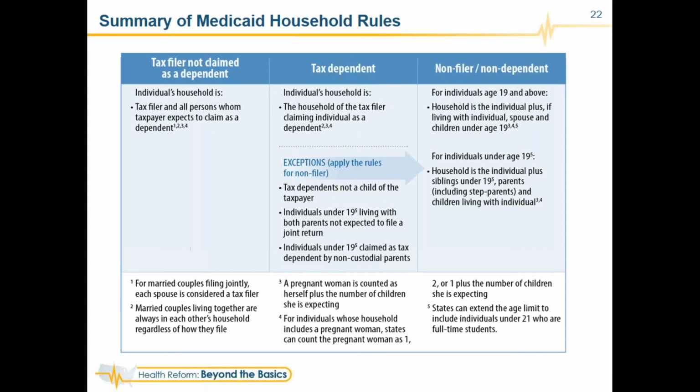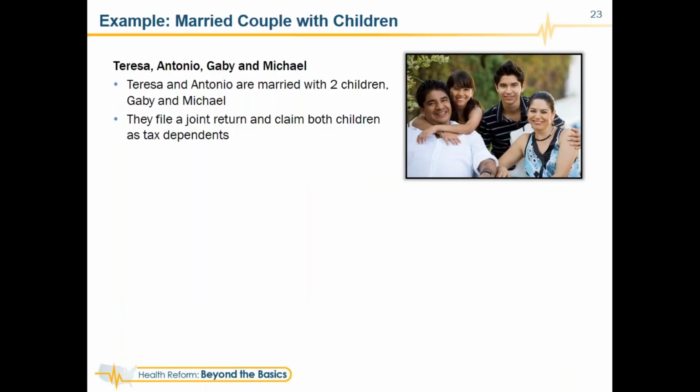For individuals who are 19 or older, the household includes the individual, and if living with the person, the spouse and children up to age 19. For individuals under 19, the household is the individual and siblings under 19, parents and children living with the individual. So those are those.